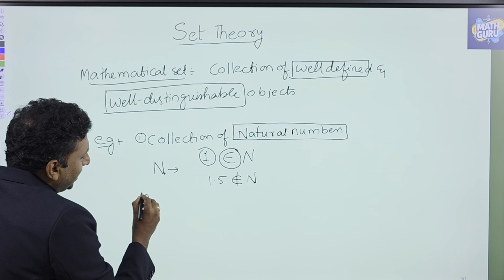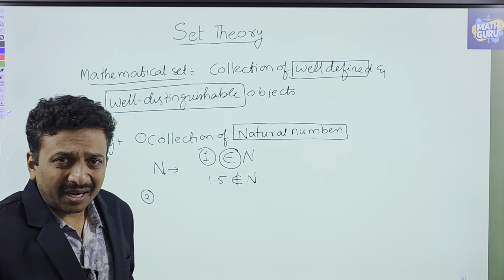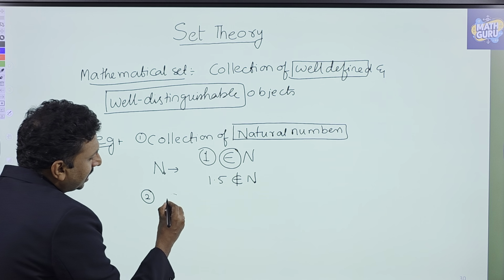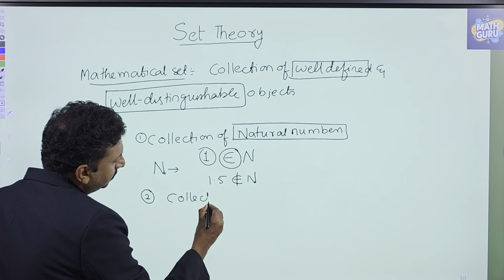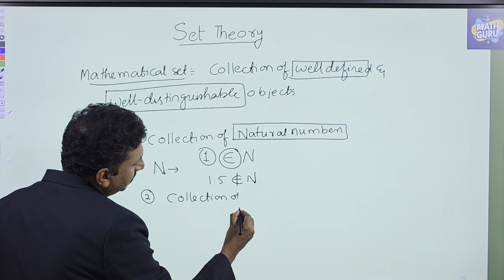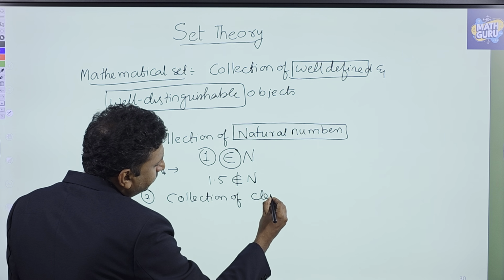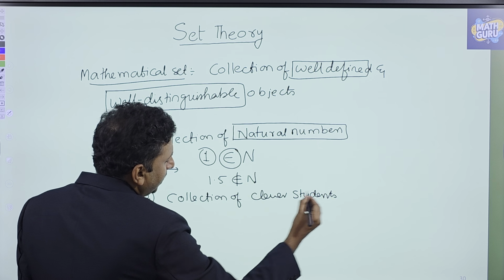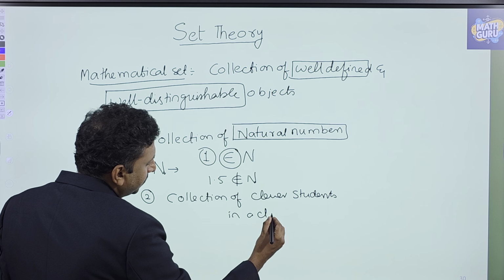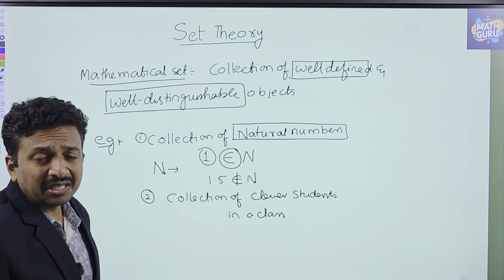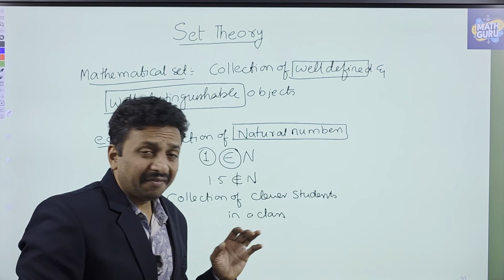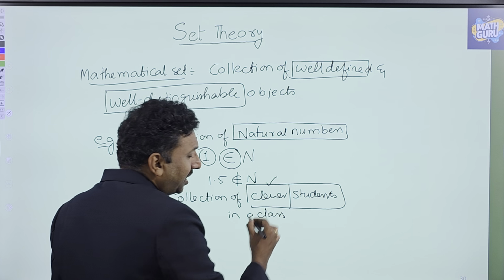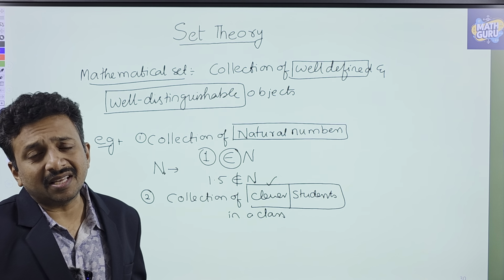Now you may say, sir, any collection doesn't have ambiguity, right? What is an example of a set which has some ambiguity? For example, the collection of clever students in a class. This is also a collection, but it is not well defined because cleverness is an adjective and it is subjective.